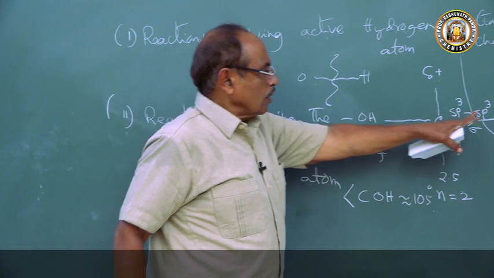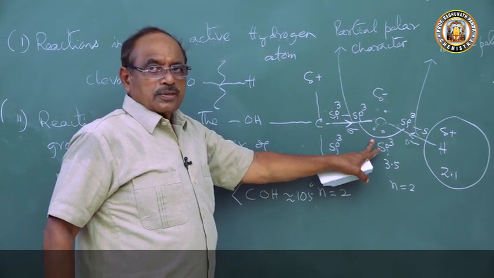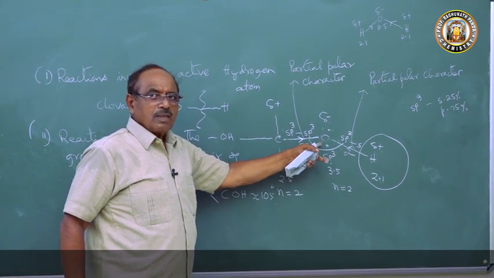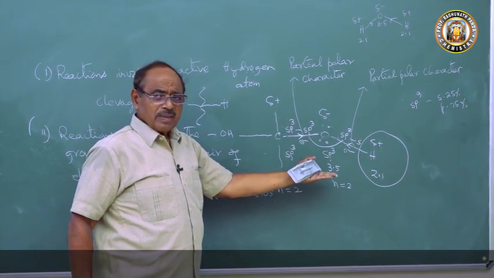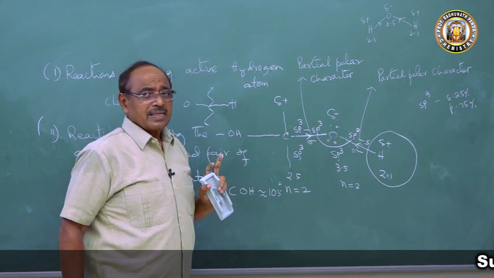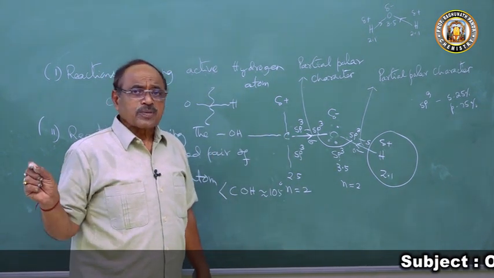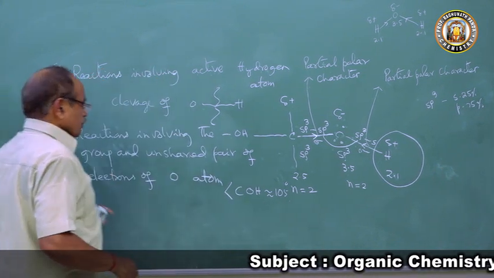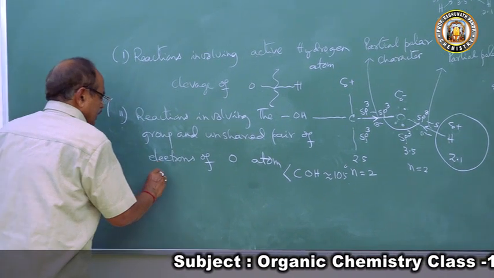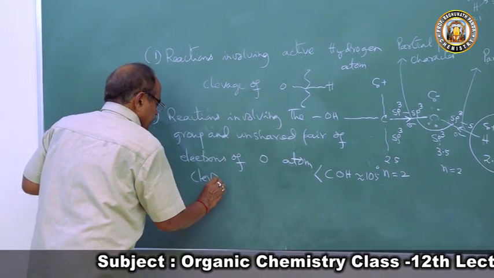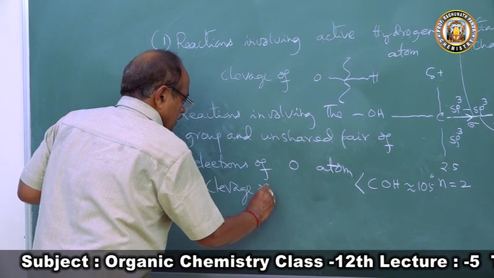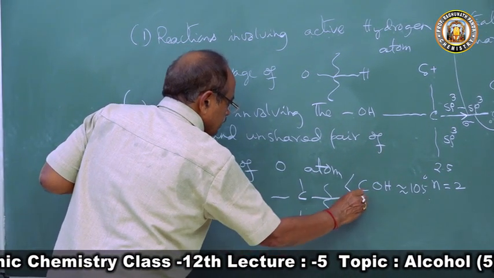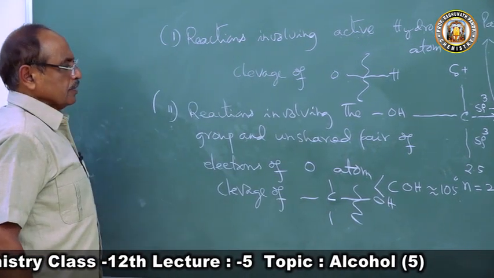Here there are two lone pairs of electrons. So the OH group and this lone pair get involved, but this bond cannot break, so we will not say replacement of the OH group. It's not possible at all. Alcohol will never give up the OH group. So this is a cleavage of the CO bond, the C-OH bond.